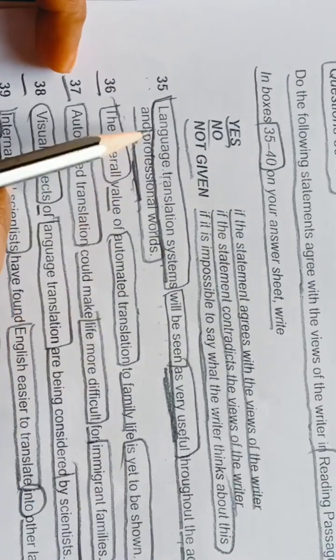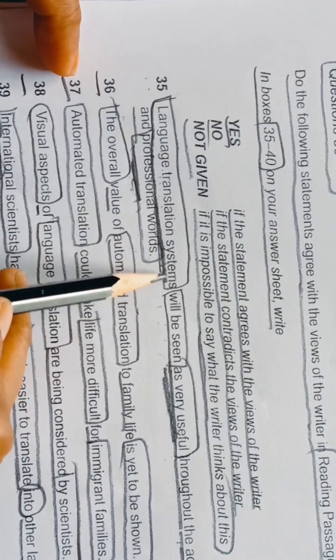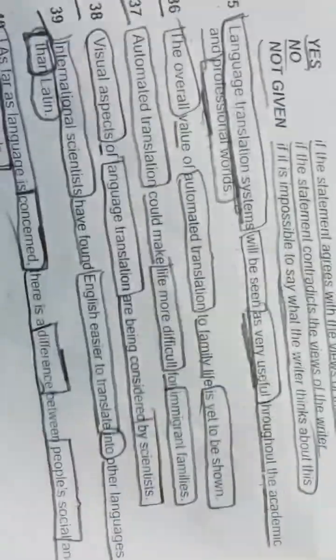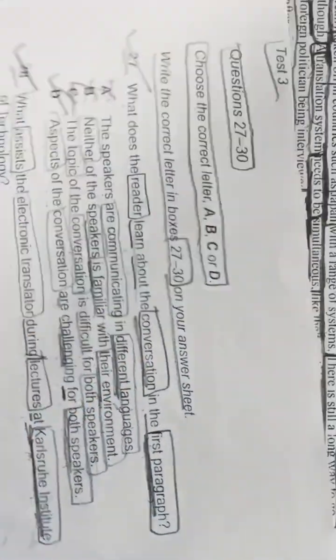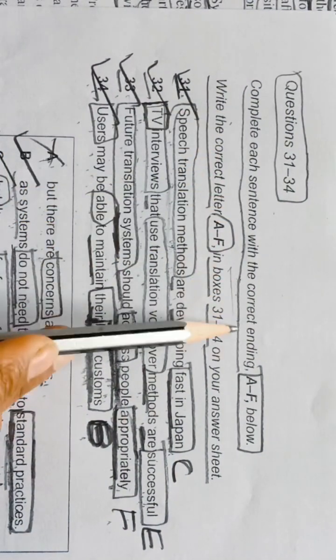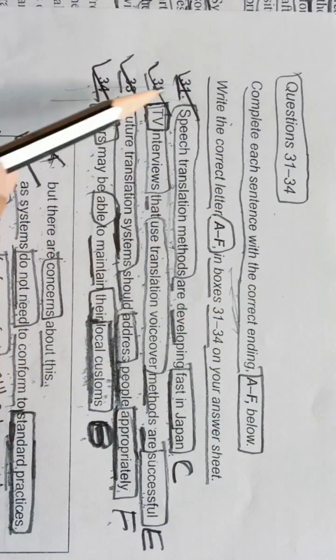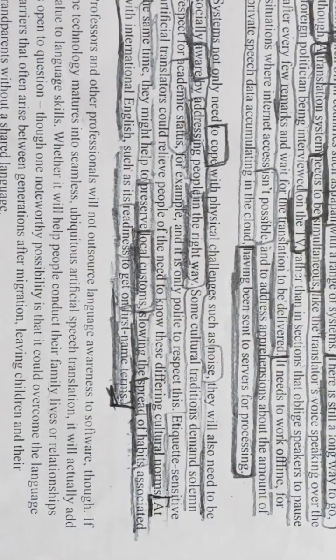So here they are asking for language translation system. Okay, so we had completed MCQs. We had completed our complete each sentence with the correct ending. We have completed this. Only the remaining is yes, no, not given or remaining.